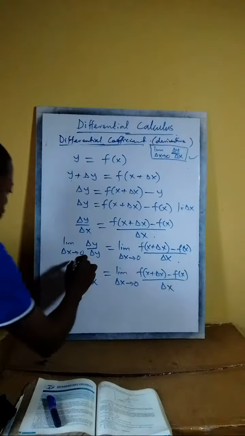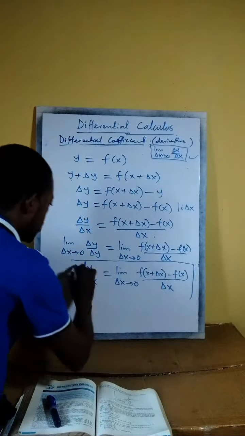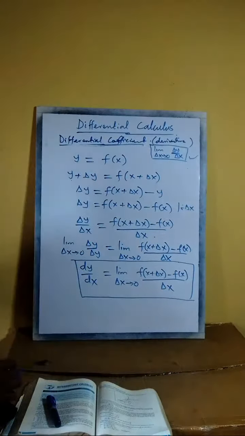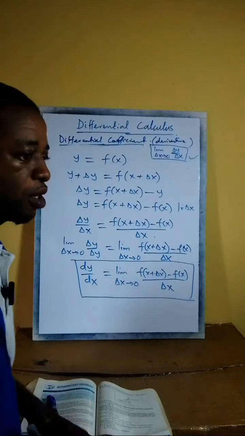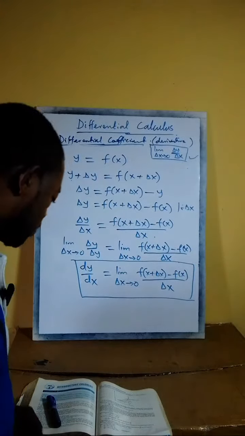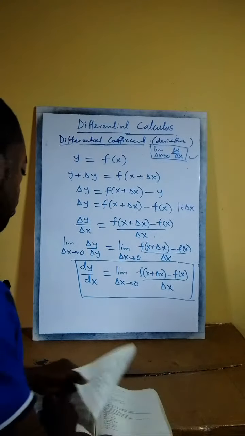So this formula here is the formula from the first principle. That's the first principle formula to find the derivative of a function.